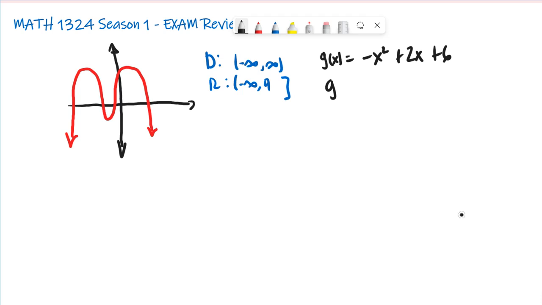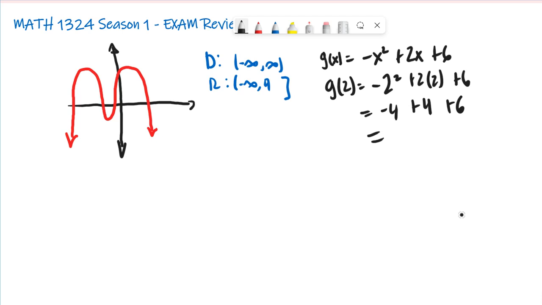If I plug in 2, that means negative 2 squared plus 2 times 2 plus 6, which is minus 4 plus 4 plus 6. The minus 4's cancel out, and it leaves you with just positive 6. So that is how we evaluate that function.